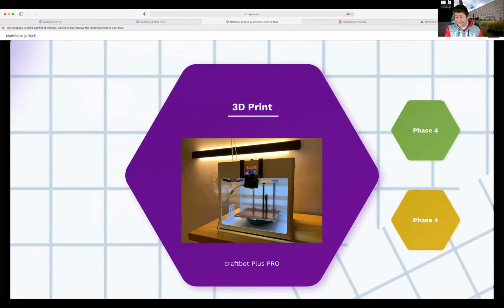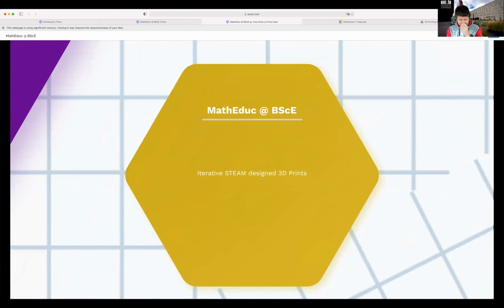So the next step we are doing currently with 30 students is that we extended this phase 4, and we have come to an iterative design. So now we are trying to produce a functional object. So each object should have a function.